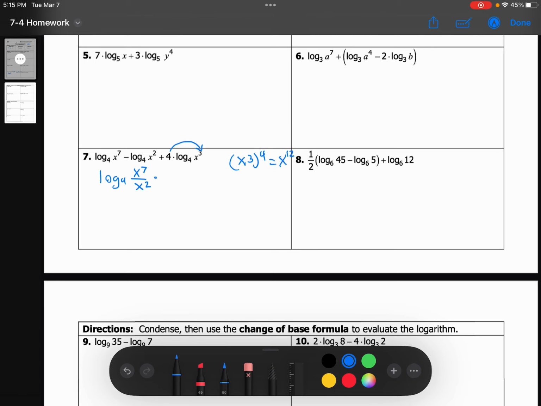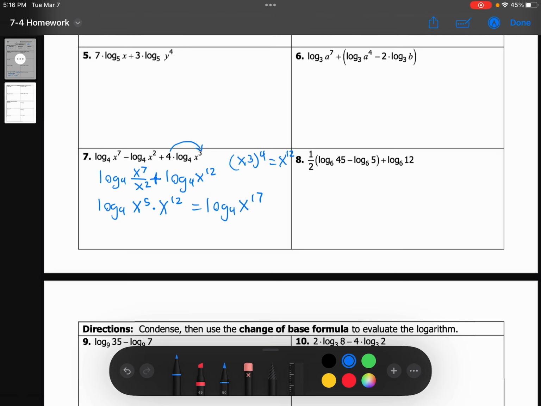Let me write it in steps. This would be log base 4 of x to the 12th. So this would be log base 4. X to the 7th divided by x squared is x to the 5th times x to the 12th. So this would be log base 4 of x to the 17th.